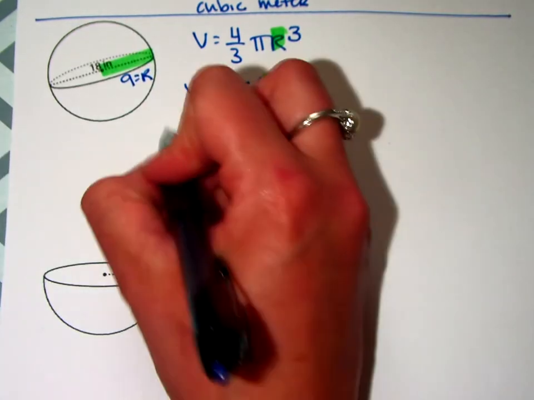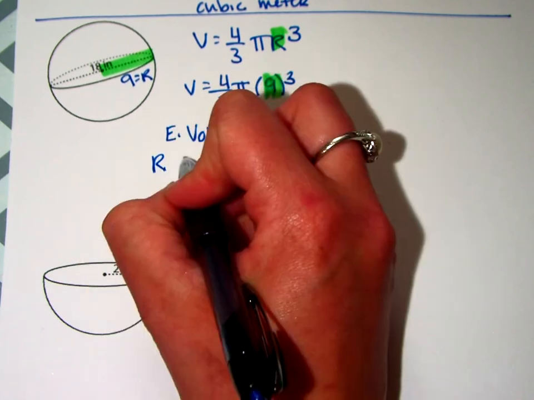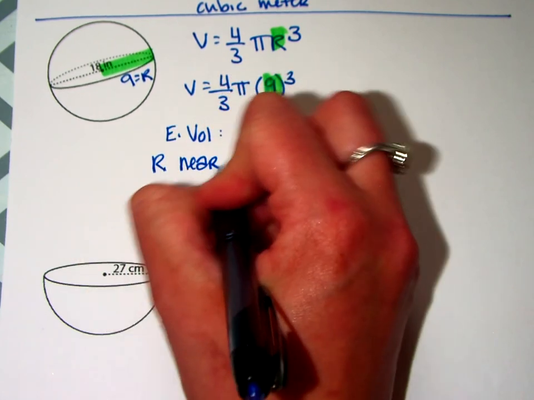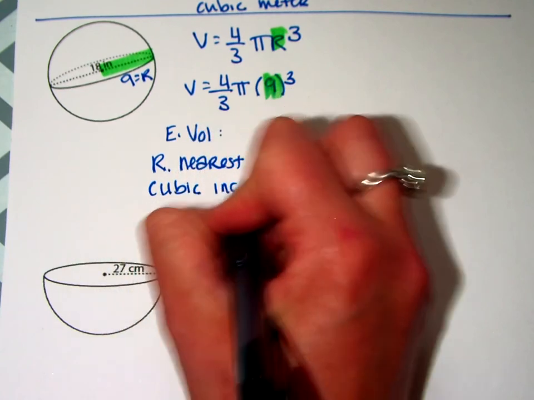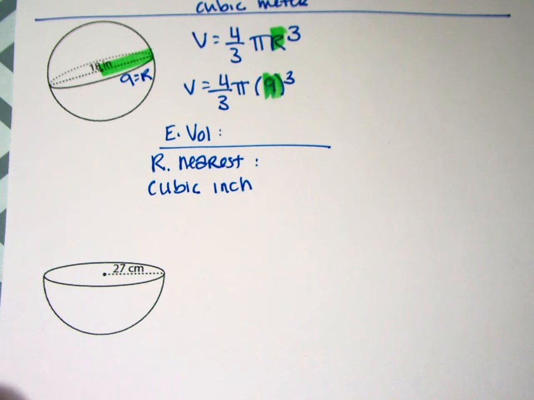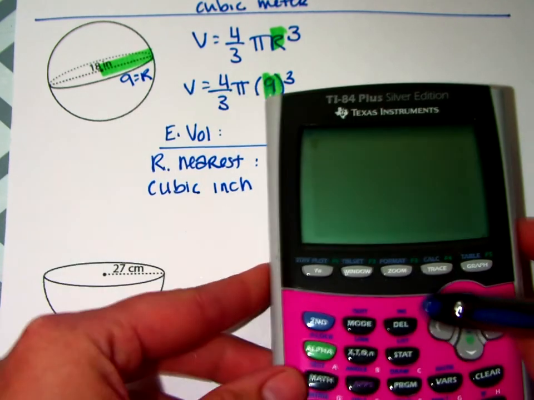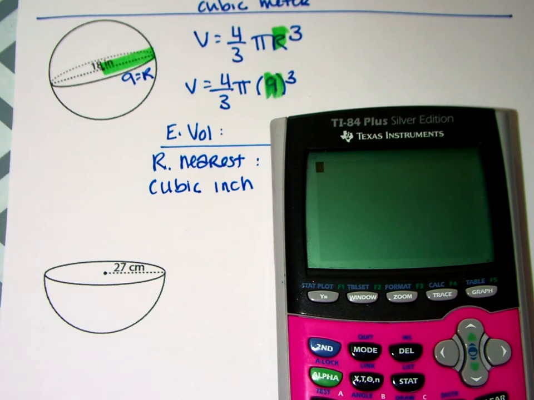So we're going to do exact volume, and we're going to round to the nearest cubic inch. What we're going to do in our calculator to get the exact volume is basically just ignore pi, just like we've been doing with cylinder and cone.